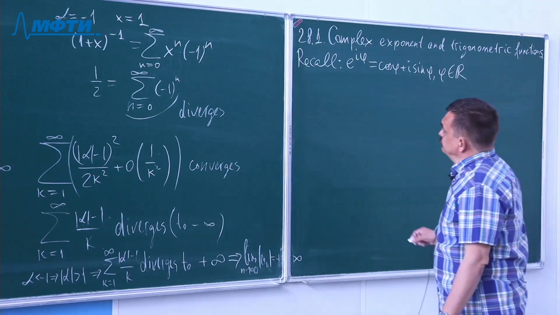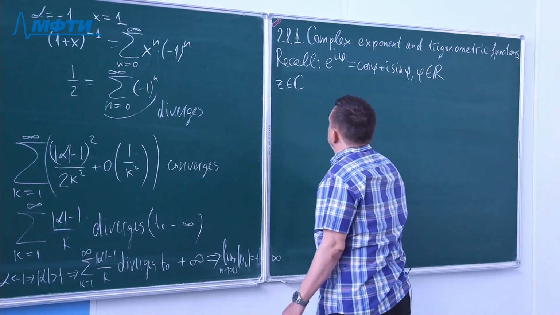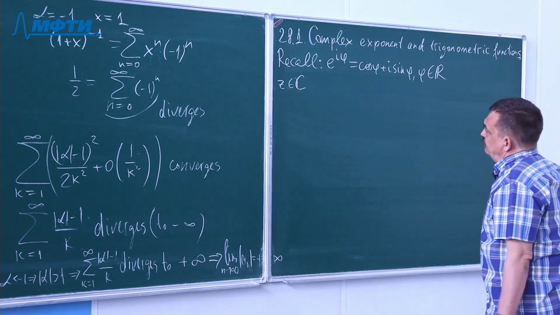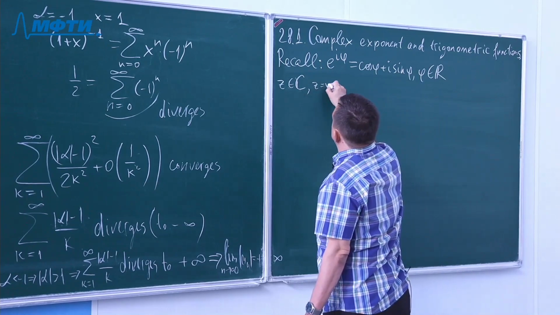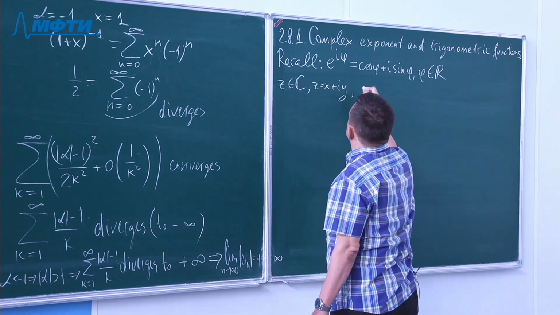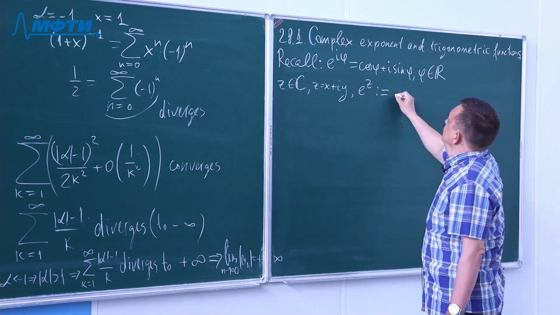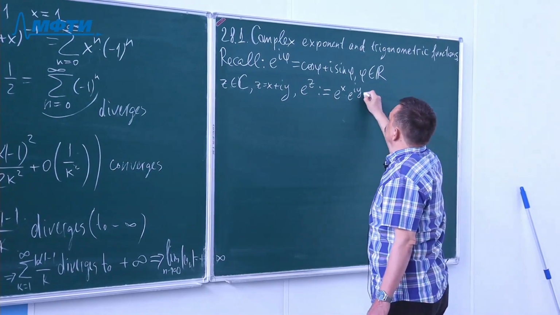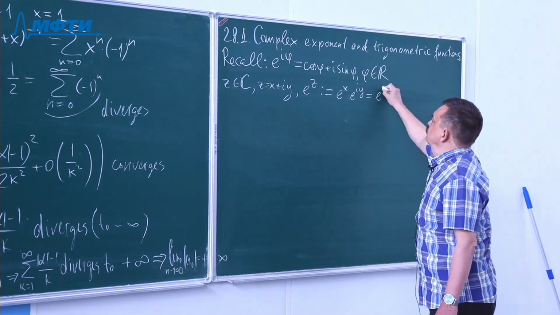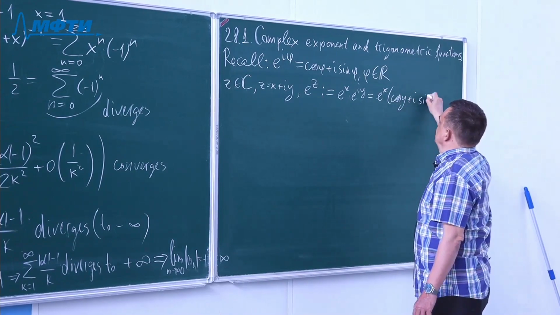So, if z is in the complex plane, then it's natural to define e to the power z as e to the power x times e to the power iy, or in other words, e to the power x times cosine y plus i sine y.